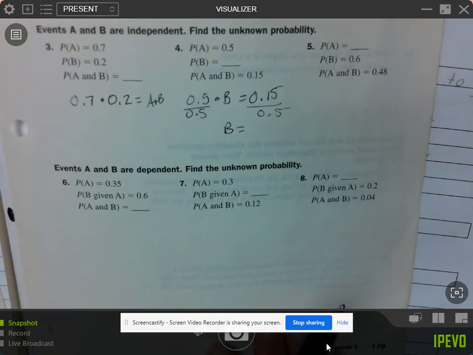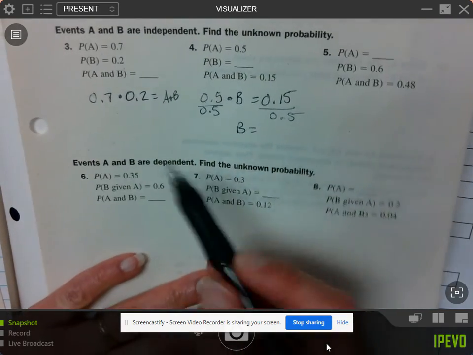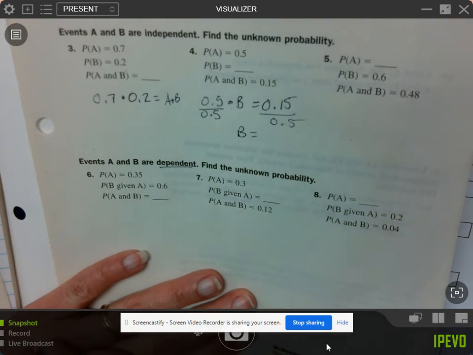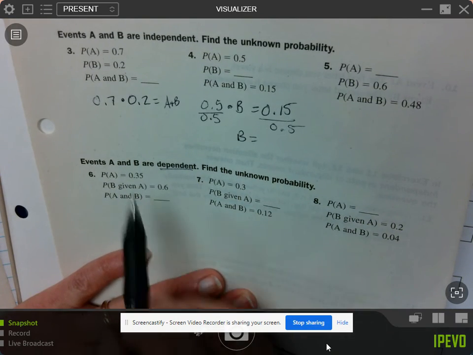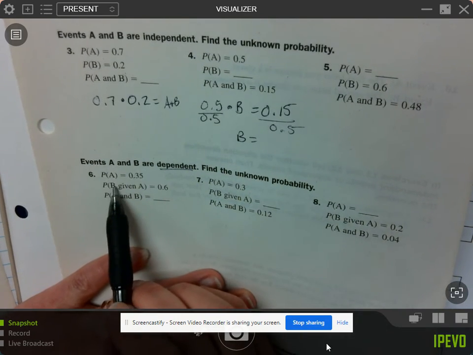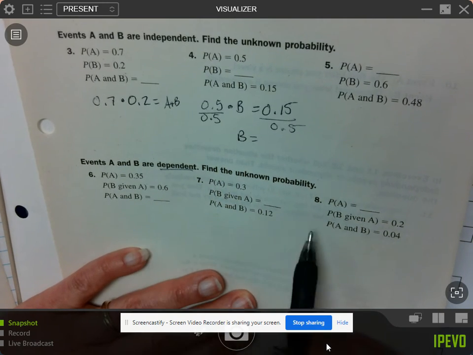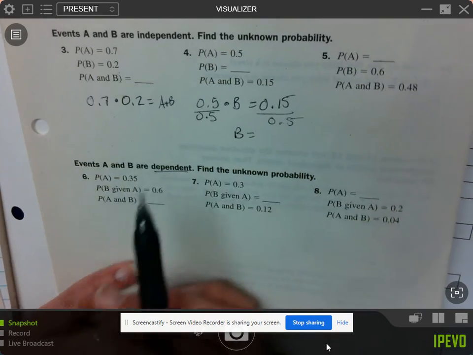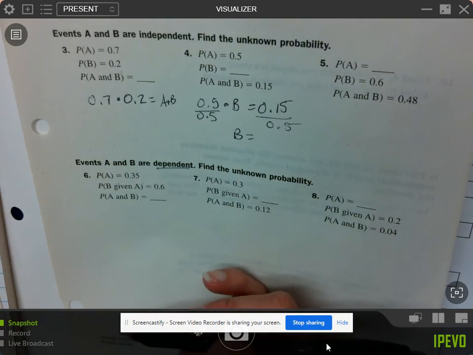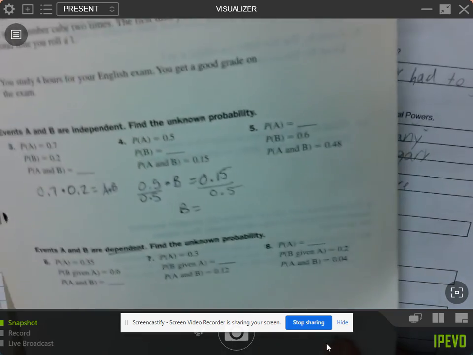For numbers 6, 7, and 8, these are dependent. So probability of A, the probability of B given A, and them both. So you're doing the same math. Same math. Okay, put it into your equation and solve for the unknown.